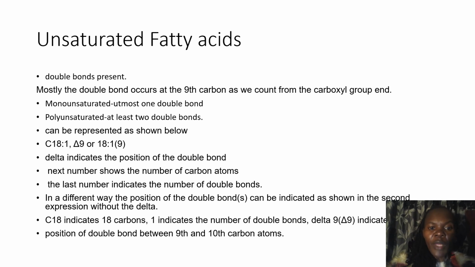So in a different way, the position of the bond can be indicated as shown in the second expression without the delta, this one up here. So 18 indicates 18 carbons, 1 indicates the number of double bonds, the delta 9 indicates the position of the double bond. So it will have to be between 9 and 10.